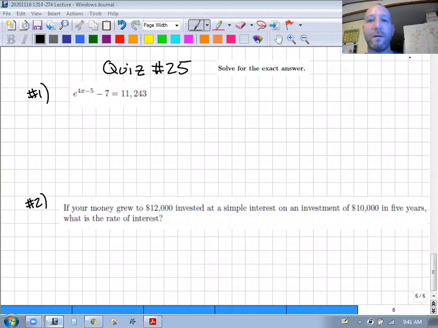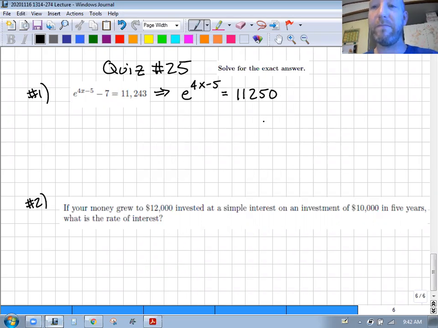Recording. All right, number one. We have this x up here in the exponent, right? So first, let's isolate the exponential by adding 7 to both sides. So it'll be 11 to 50. Now, in order to get that out of the exponent, since it's a base e, we'll take the natural log of both sides.